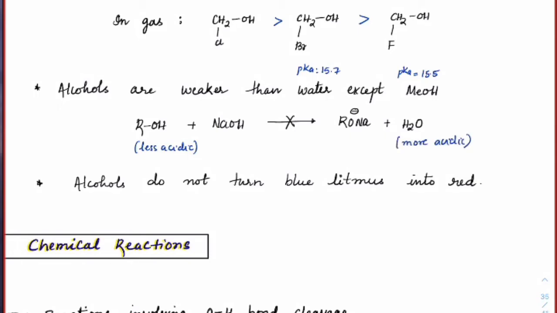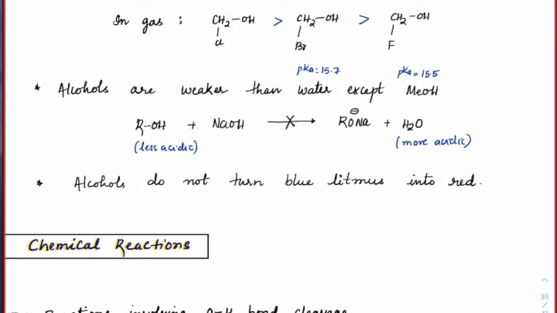So hence you don't see OH minus reacting with ROH easily to form alkoxides. They are very comparable, so the equilibrium can be shifted to the right hand side by adding excess amount of NaOH. But usually we don't make this reaction, we don't need that.